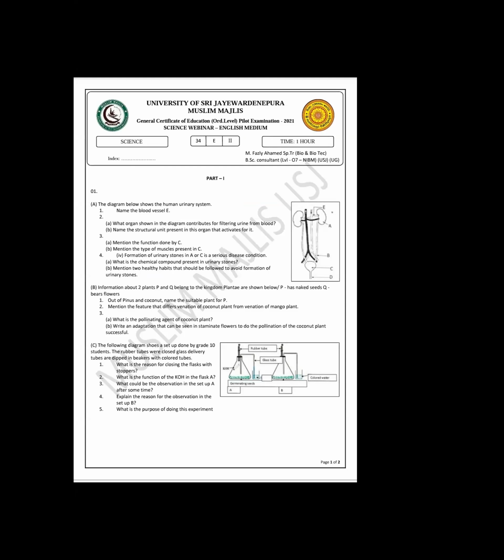Here, dear students, you can see KOH and the germinating seeds. These are the germinating seeds. Here you can see the water level. Here the water level is this amount. So you can figure out the answers.